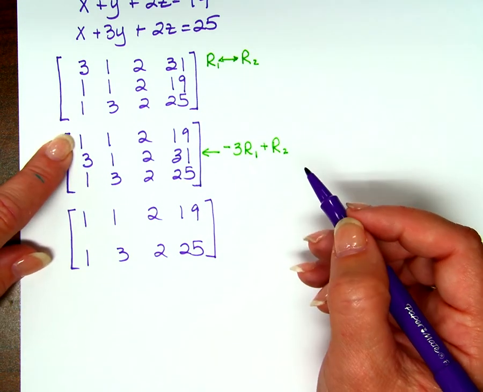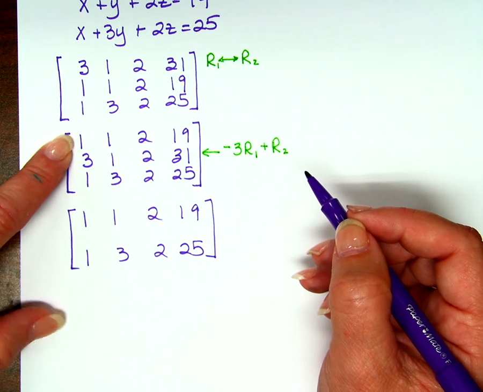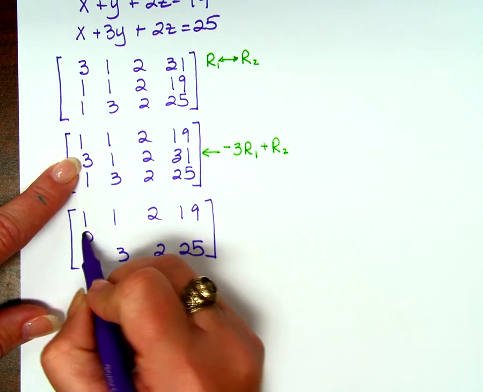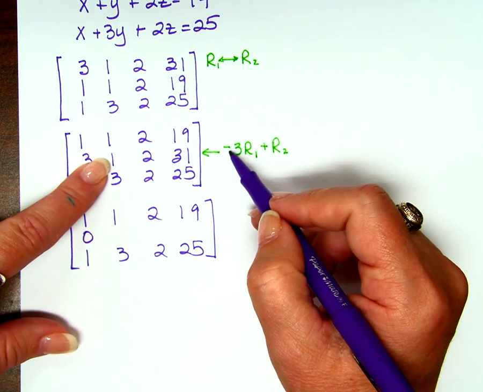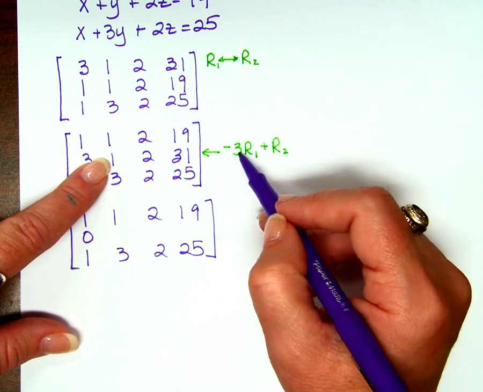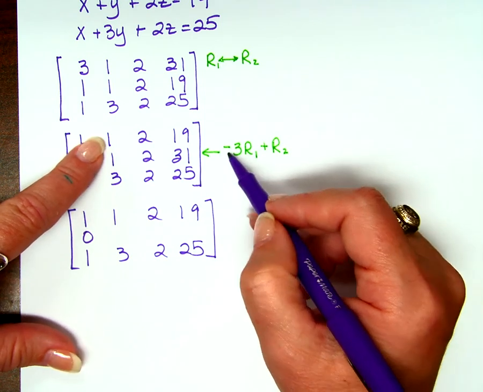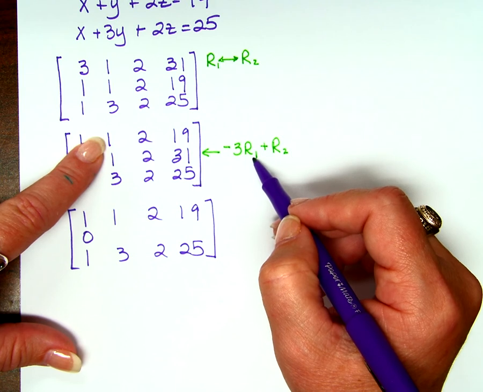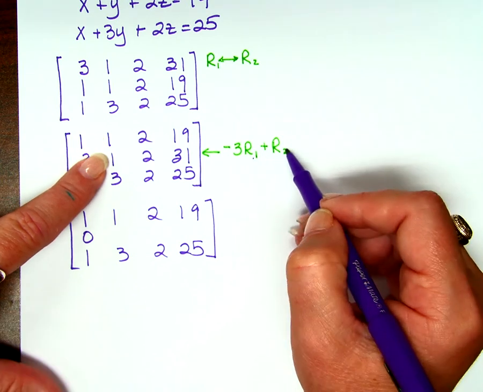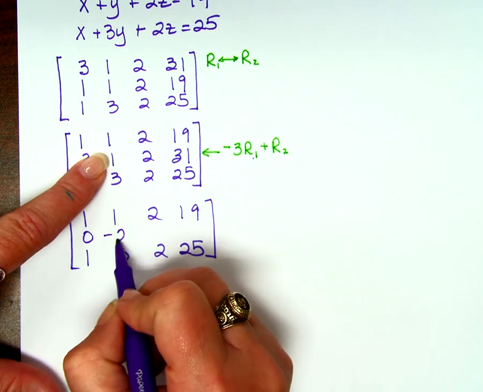So 1 times -3 plus 3, 0. -3 times 1. Hold on. I was pointing at the wrong thing. -3 times 1. -3 plus 1. -2.